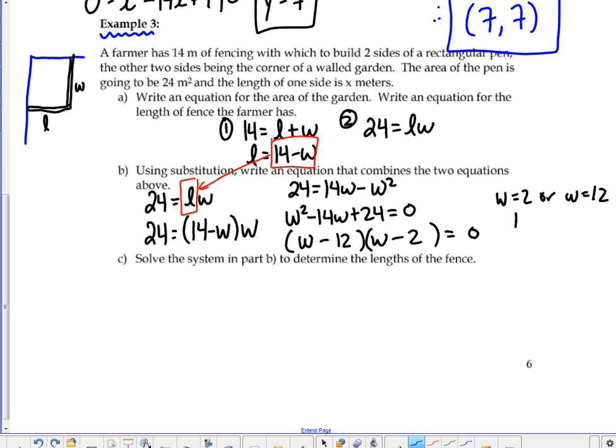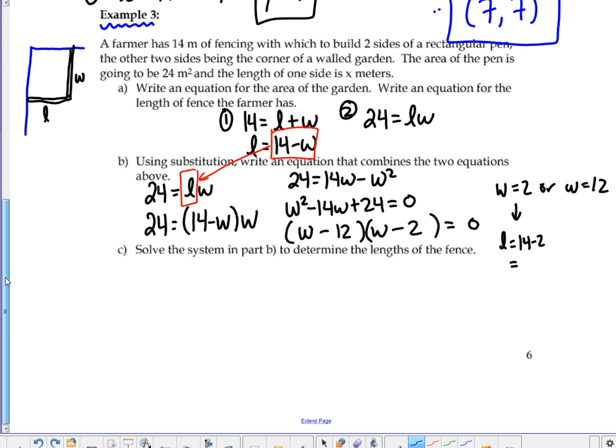So if my width is 2, what's my length? Well, let's use 14 minus w. How much? 12. If the width was 12, the length would be 14 minus 12, or 2.